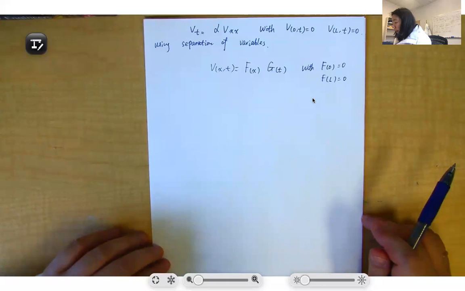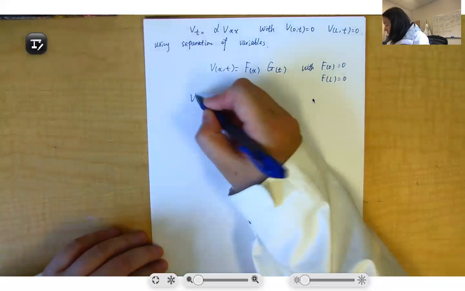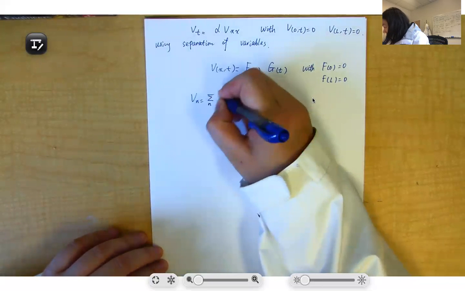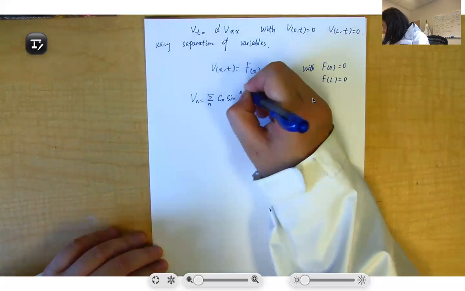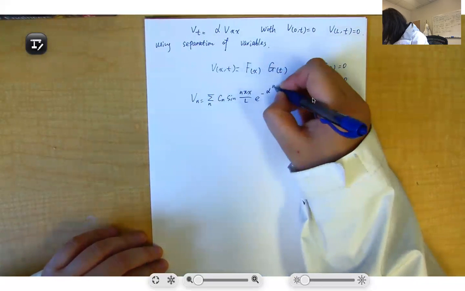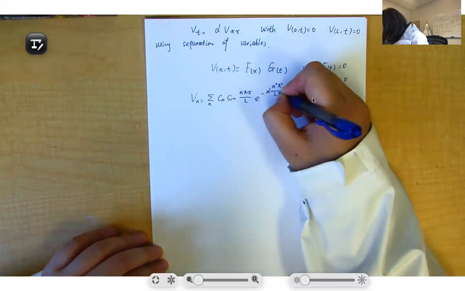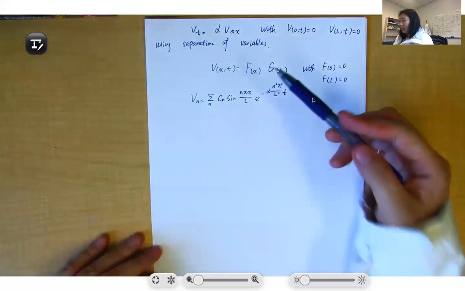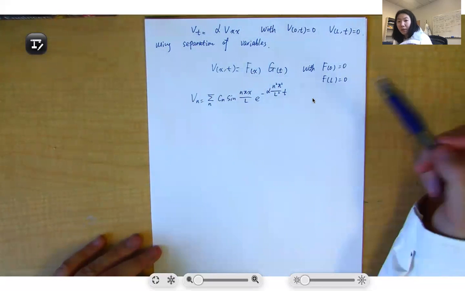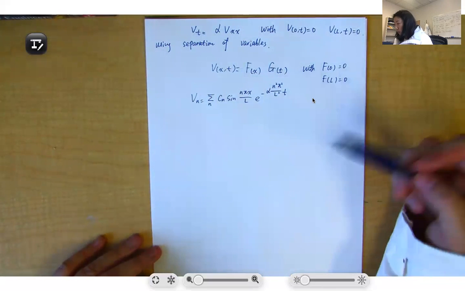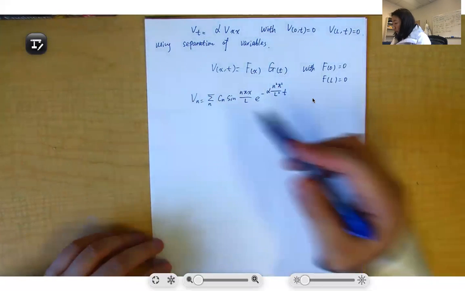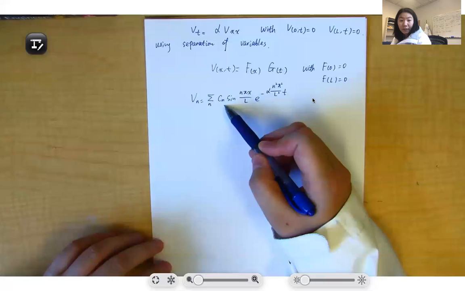So we already solved this in the previous example. We just state the final solution here: Vn will be equal to the sum of Cn sine(n pi x over L) e to the minus alpha n squared pi squared over L squared t. So this is the solution derived from our previous homogeneous PDE with homogeneous boundary conditions. Then we are trying to figure out what our coefficient is here.